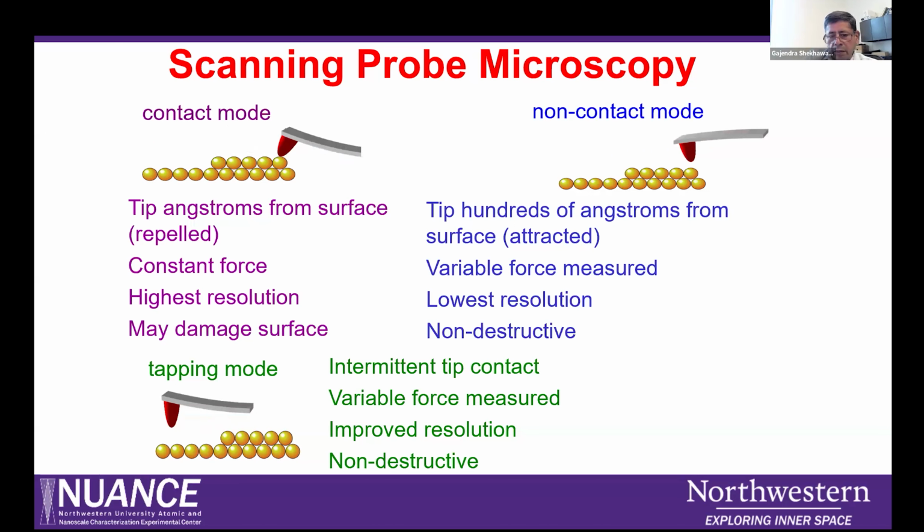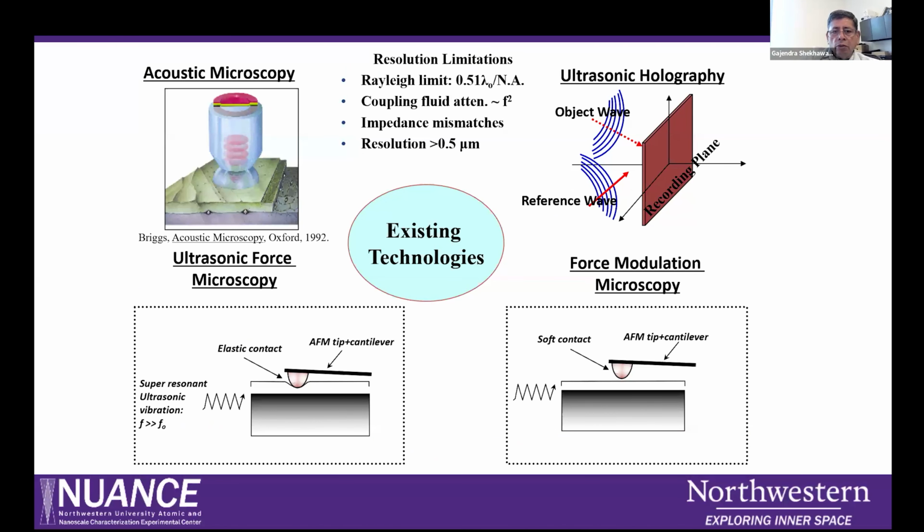And then you can end up doing chemical mapping or electrical measurements and all those things. Obviously, that uses different types of modules and settings, but at least the tapping mode is the basic. Okay, so then moving forward, I will mostly focus on acoustics microscopy.